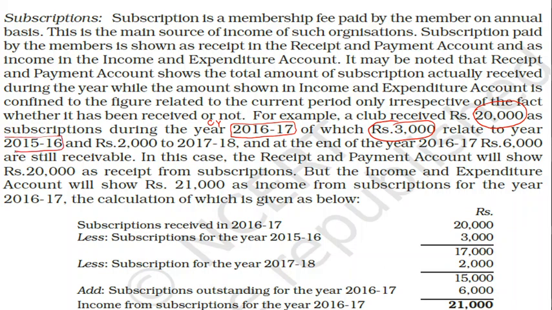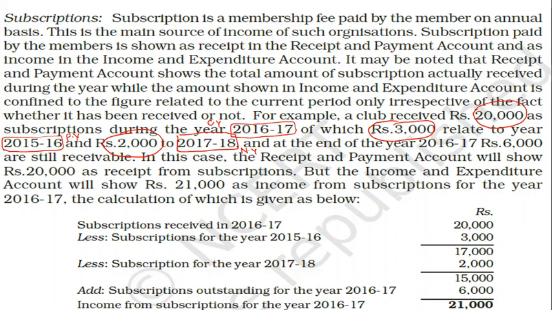So this is the amount 3,000 which is of last year, so we can say this is your previous year, and 2,000 is related to 2017-18. So this becomes your next year. So this 20,000 basically includes 3,000 of last year and 2,000 of next year.